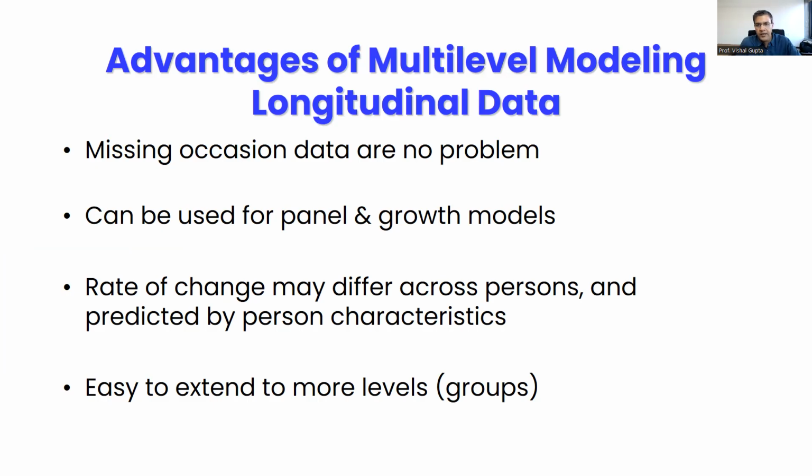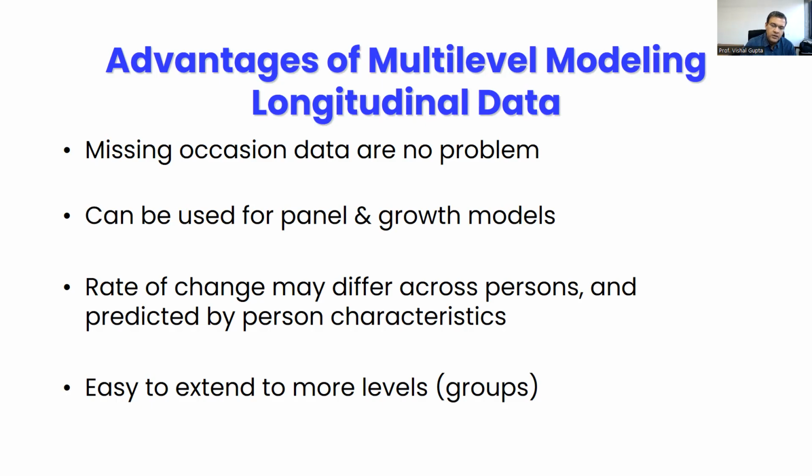Missing occasion data are not a problem. I showed you that you can have unbalanced data structures, and still you can estimate all the fixed and random effects. You can do growth modeling. Rate of change may differ across persons. You can predict person characteristics. Easy to extend it to even 3 level models.